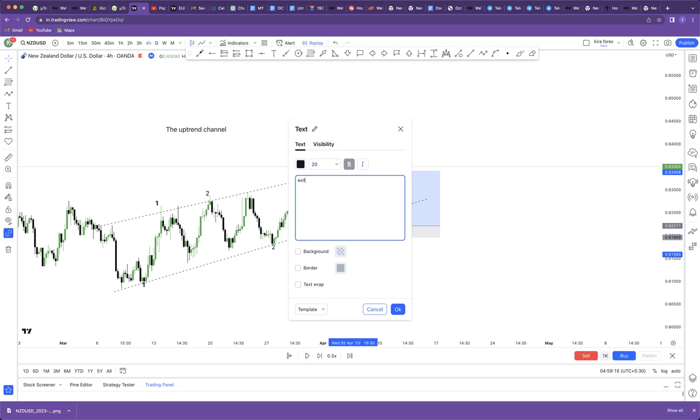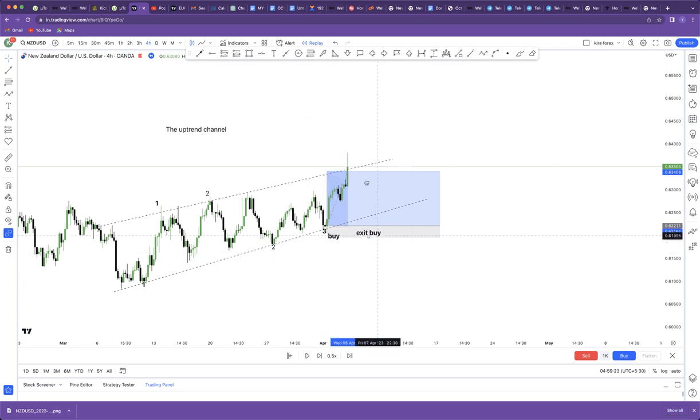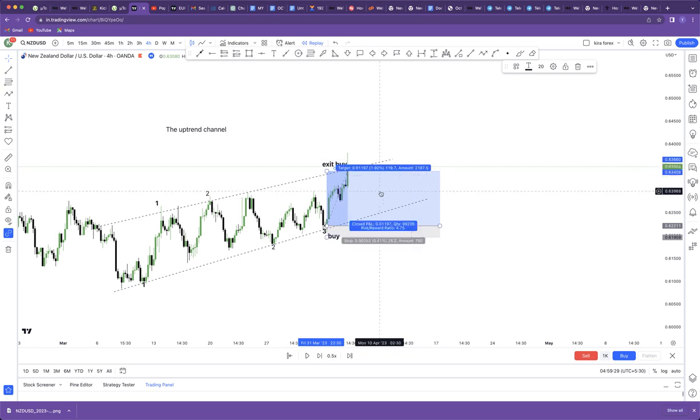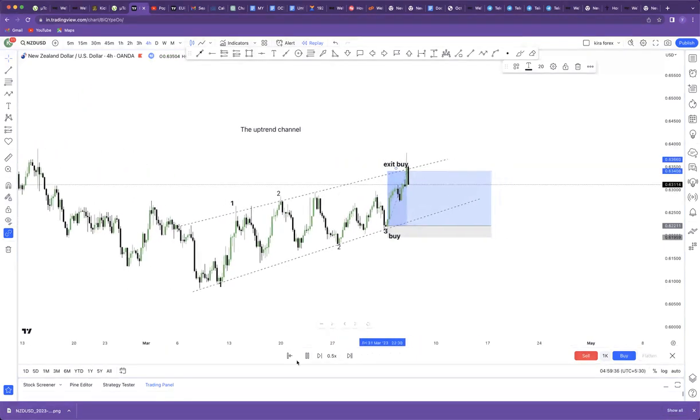Let me type the exit for you to understand it clearly. So exit buy. Where the exit buy is, that is where we are going to take our sell. Let's see the reaction of price around the resistance level.